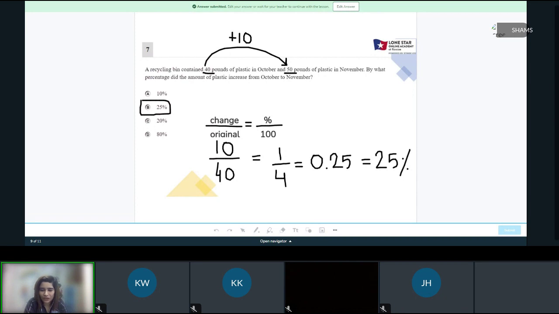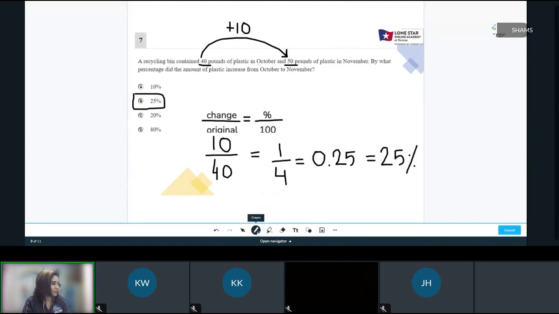Huria, can I tell you why you got 20%? A little misunderstanding here could be if a person got a wrong answer like this one. When you did the change 10, you probably did it over a new amount, over 50. Huria, if you did that, that is when you will get 20%.